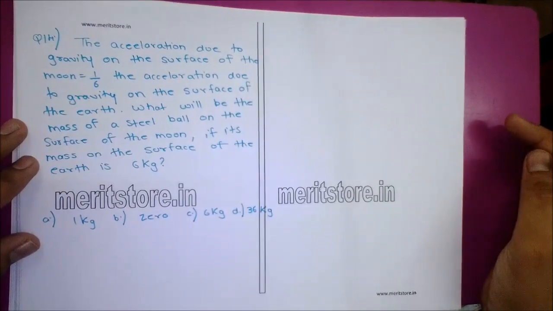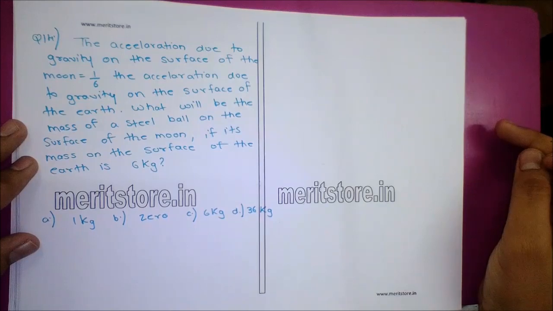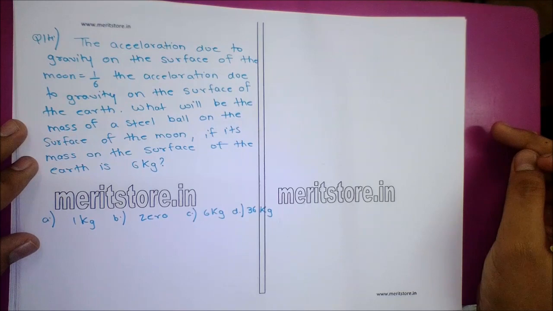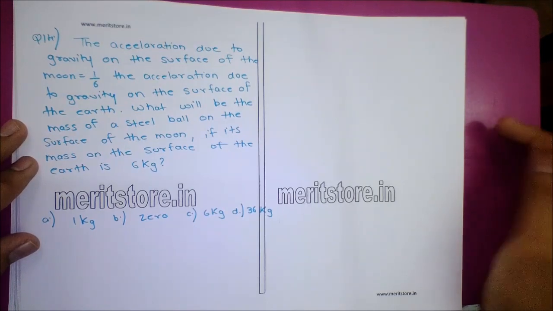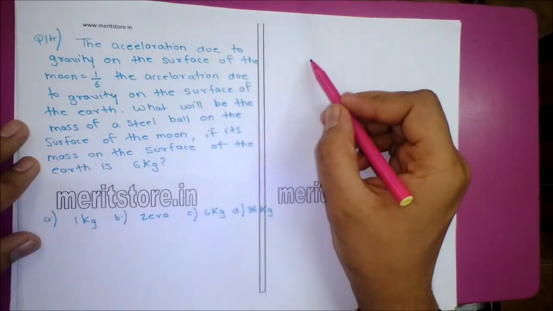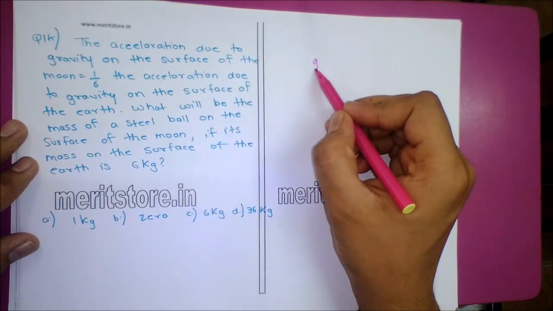Question 14. The acceleration due to gravity on the surface of the moon is equal to 1 by 6 the acceleration due to gravity on the surface of the earth. What will be the mass of the steel ball on the surface of the moon if its mass on the surface of the earth is 6 kg? So now we know that there is no change in the mass. Change in gravity produces change in the weight.